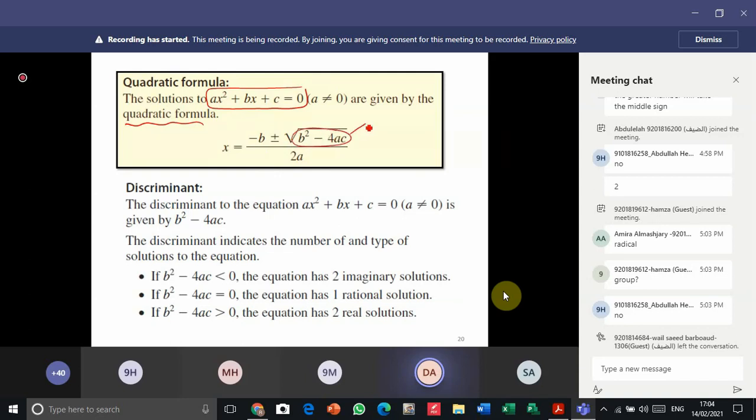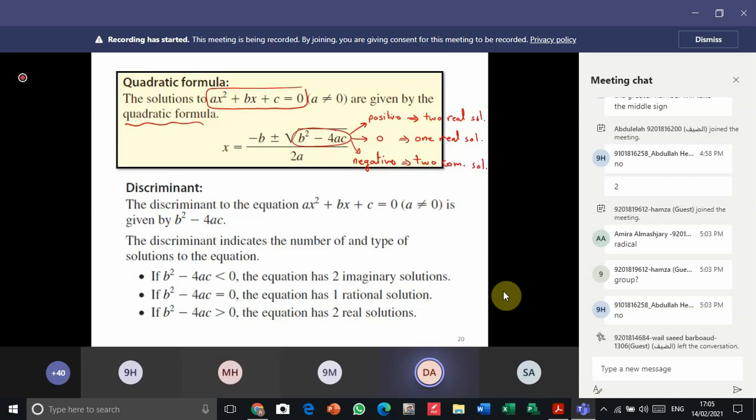If the discriminant is positive, we have two real solutions. If the discriminant is 0, we have one real solution. If the discriminant is negative, less than 0, we have two complex solutions.